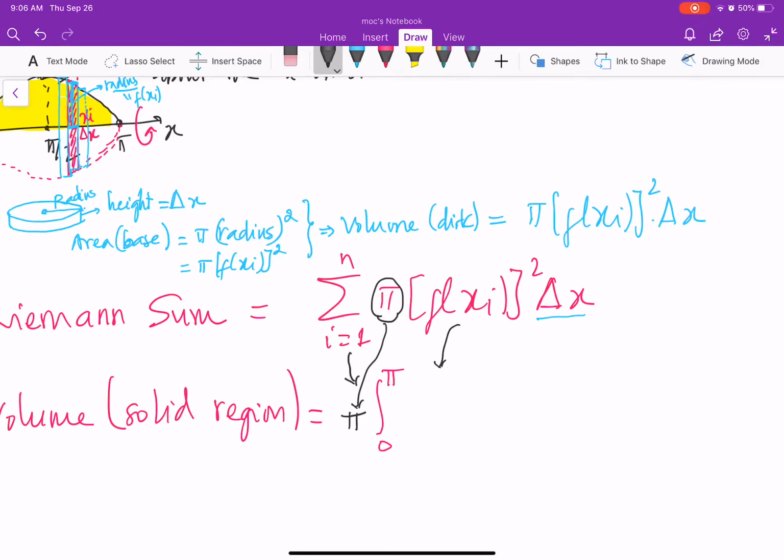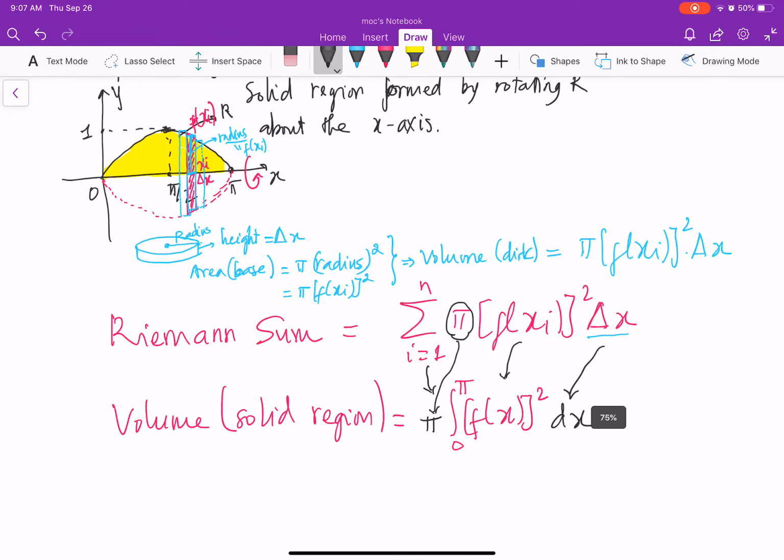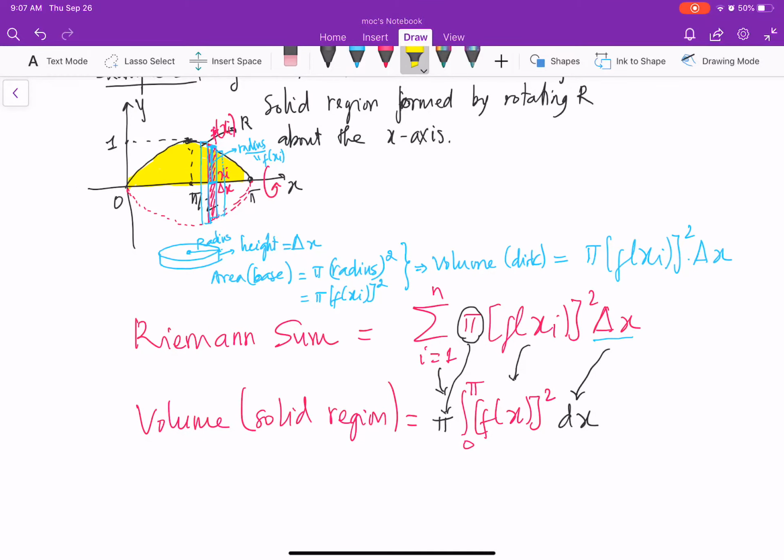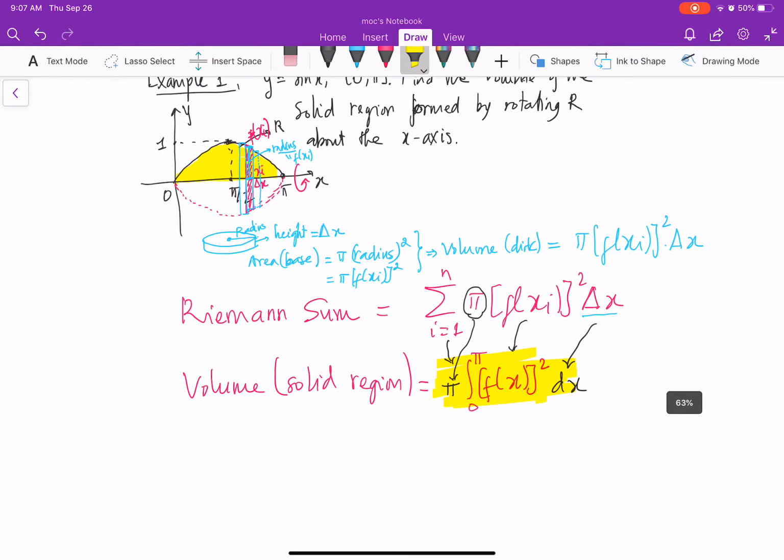And f of xi square will go to f of x square, and then delta x will go to dx. So basically, we already have the formula of the volume of our solid region, and this is the formula. So if they give you a function f of x, and we rotate some region about the x-axis, we just apply this formula to find the volume.